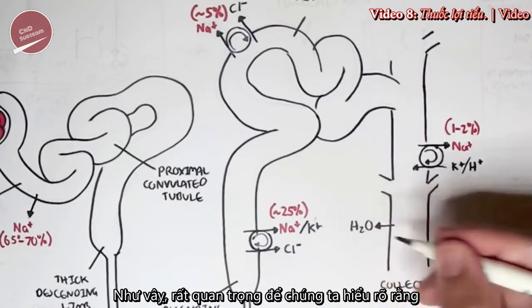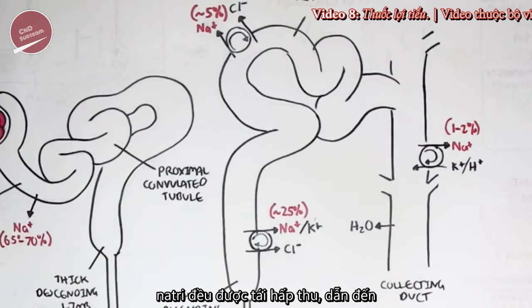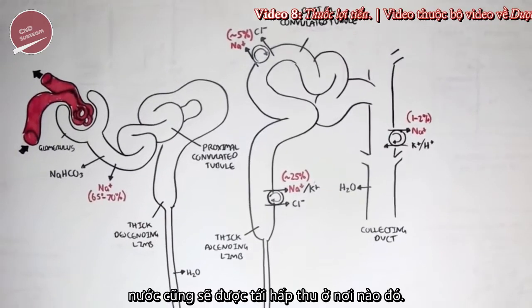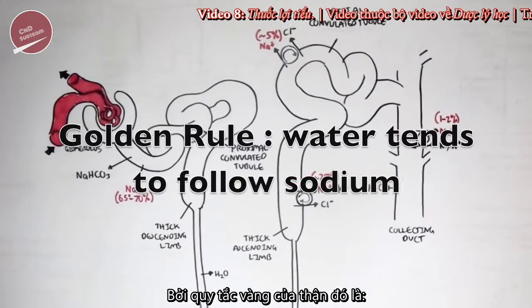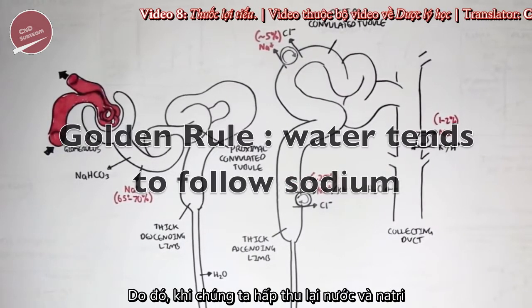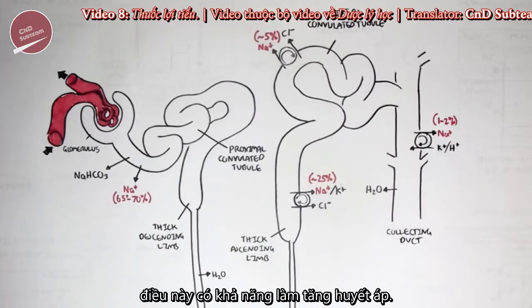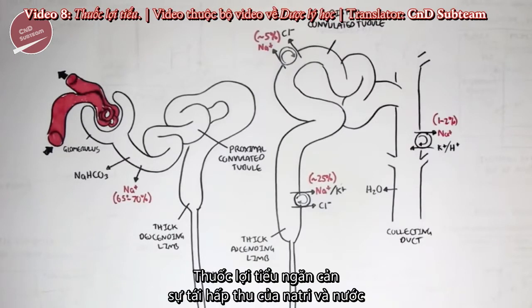Now, what is very important to realize is that wherever along this tubule sodium is reabsorbed, this will cause water to be reabsorbed as well somewhere. Because the golden rule of the kidneys is that water tends to follow sodium. And therefore, when we reabsorb water and sodium, this will indefinitely increase blood pressure.